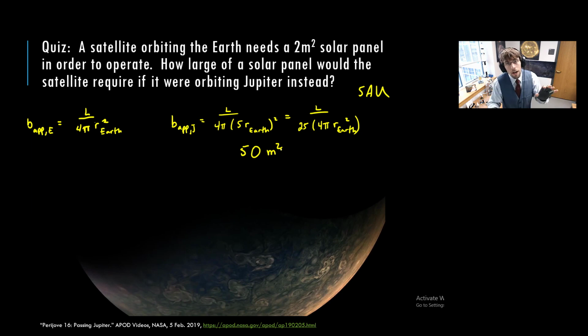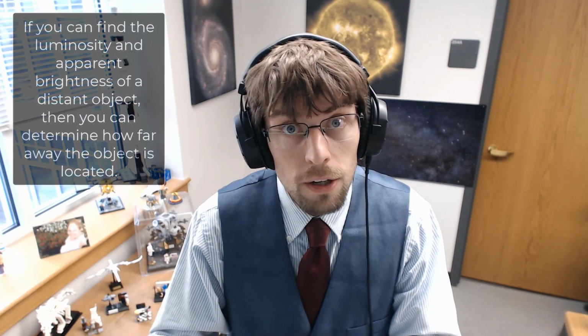Now, the thing I'll highlight here is that if you can get an idea about the luminosity of an object, and you can observe how bright it appears to be, then you can get an estimation for how far away the object is. I'll say that again.